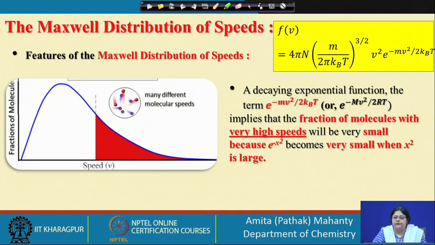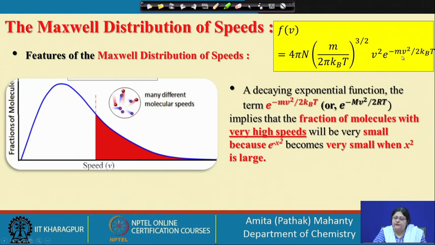Now, if you look at the expression of the distribution function, it looks something like this. It is a decay function. Why is it a decay function? You see the expression here: e raised to the power minus something squared. Suppose m is constant for the gas.